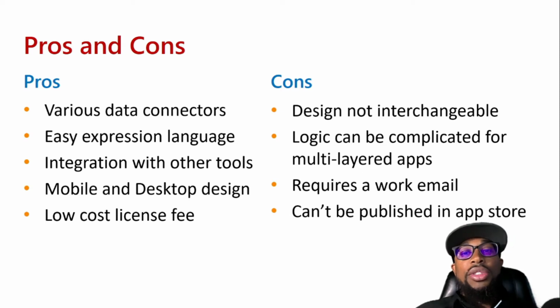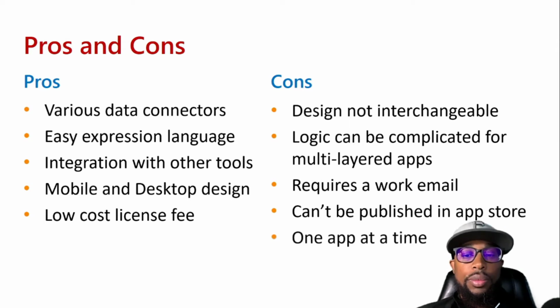Also, as I mentioned and I've shown, when you go to your app store, whether you're on an iOS device or an Android device, you have to download the actual Power Apps app. From within Power Apps, you sign in, and then you get all of your organizational apps in that, so you can actually deploy each individual Power Apps app to the store to download individually or on their own.